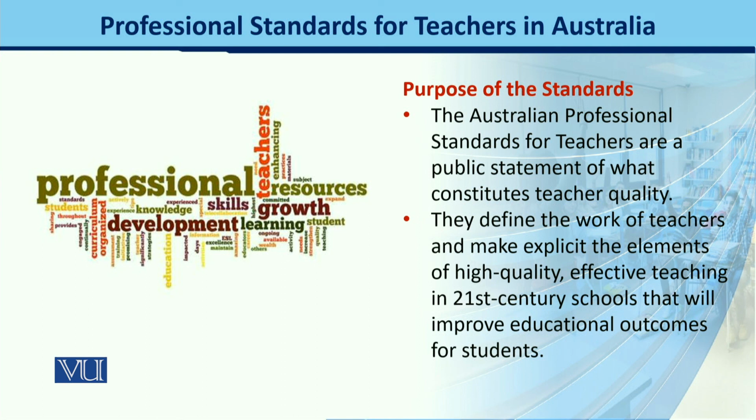So that's why the professional standards are prepared. These are also called the public statement. What constitutes the teacher's quality? Public statement means what a teacher should possess. This teacher should possess this one, that one, that one. This is a public statement, and that is also called the professional standards for the teachers.